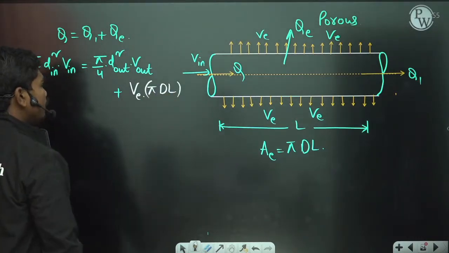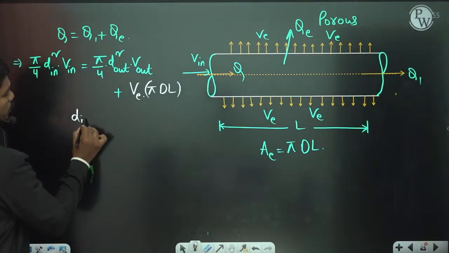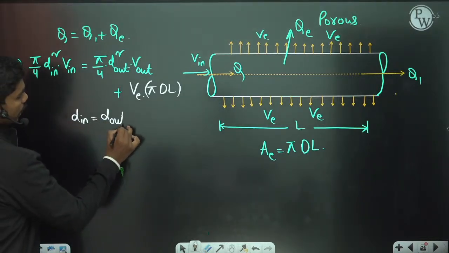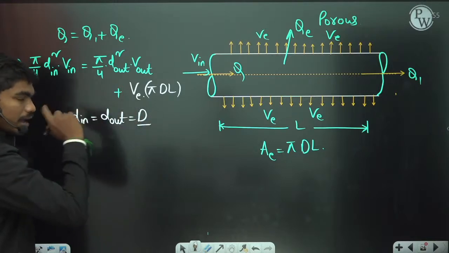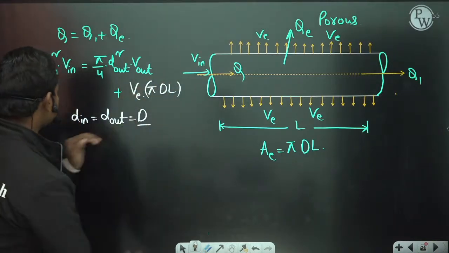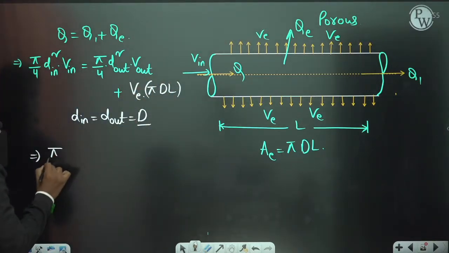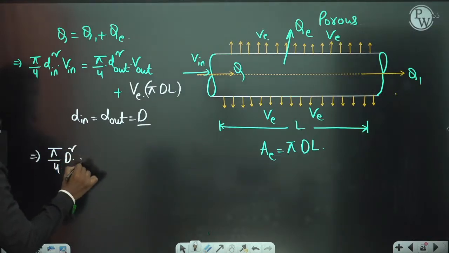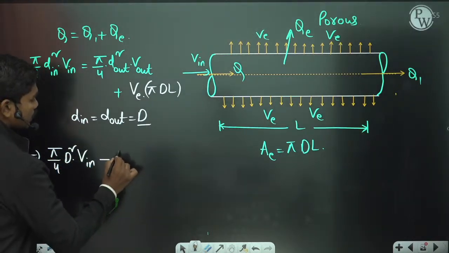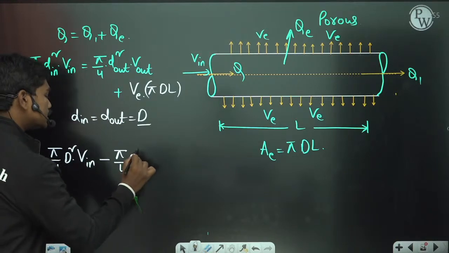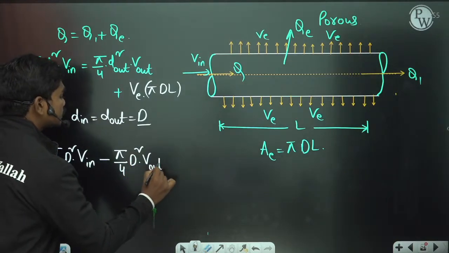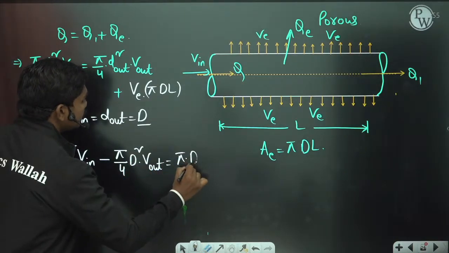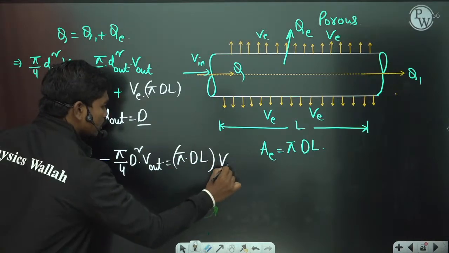Now definitely you see this is a uniform pipe, so d in, d out and d, all these are the same diameter of the pipe. So if you substitute here, pi by 4 d square into velocity at inlet minus pi by 4 d square into velocity at outlet is equal to pi dl times this emitting velocity VE.